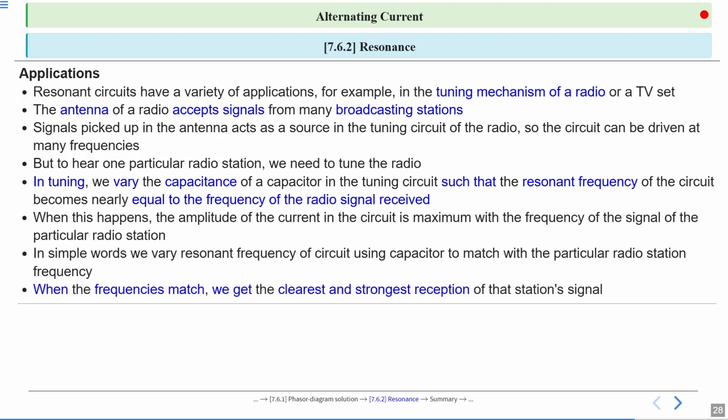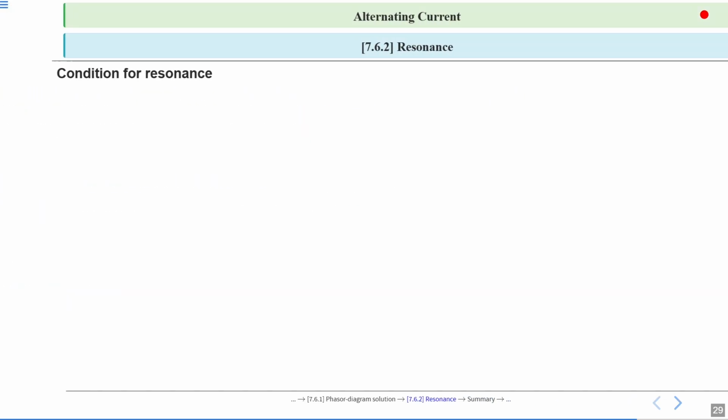When the frequencies match, we get the clearest and strongest reception of the station signal. So we change the capacitance, vary the resonant frequency, and then we start to hear that channel, with the clearest and strongest reception, whose frequency is matched with the resonant frequency.